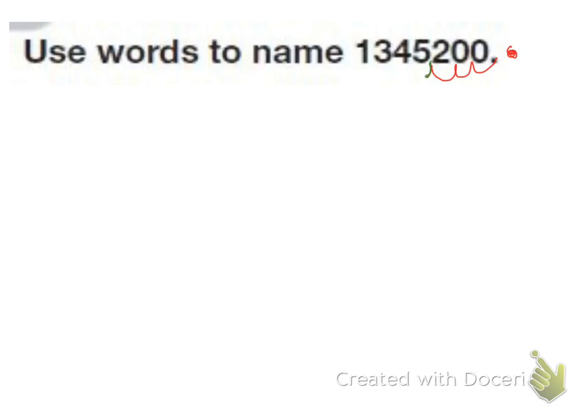And then I count 3 more. 1, 2, 3, and put a comma here. Okay. So this tells us the first comma, remember, is for the thousands, and the second one is for the millions. So since I have 2 commas, I know that this has to be 1 million. I don't know, I'll put a 0 there. 1 million. There we go.